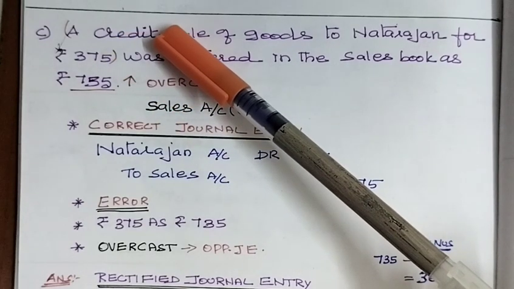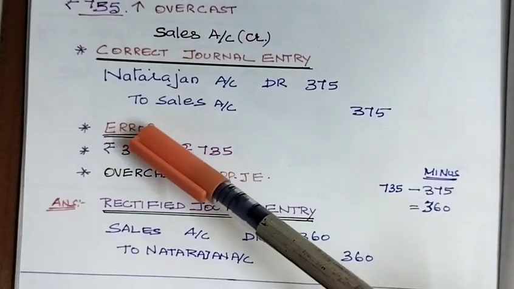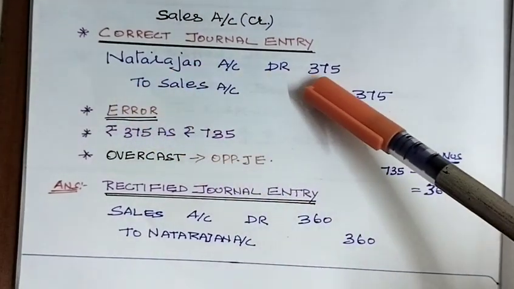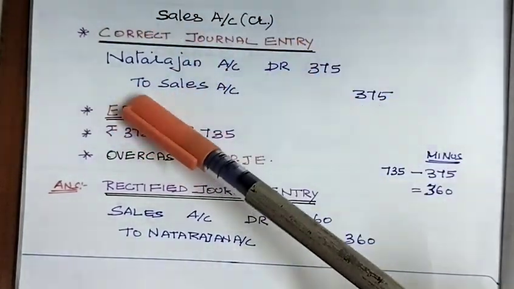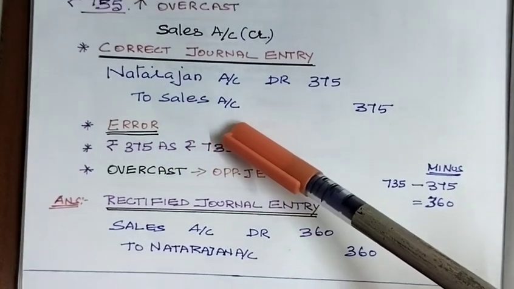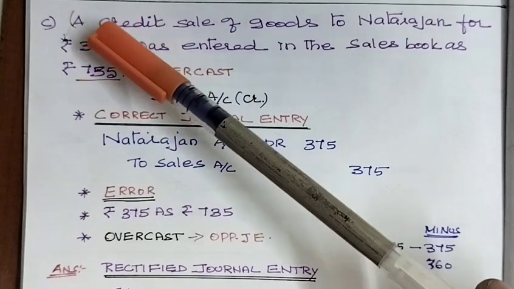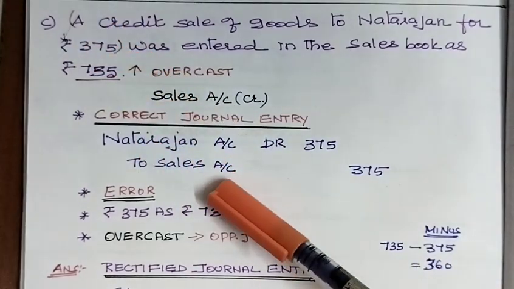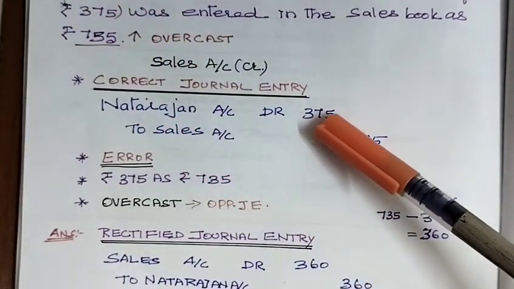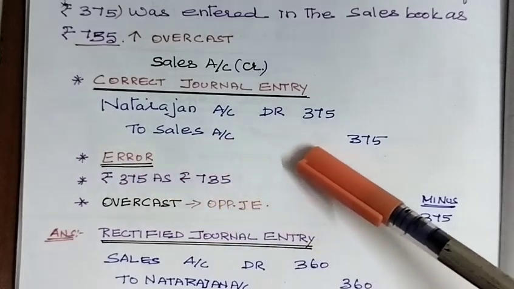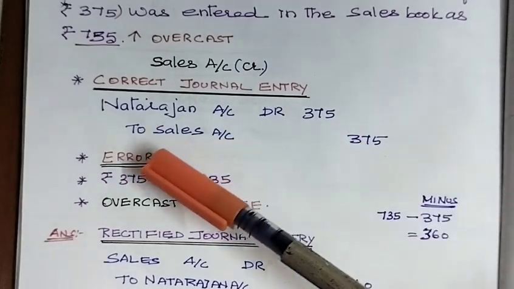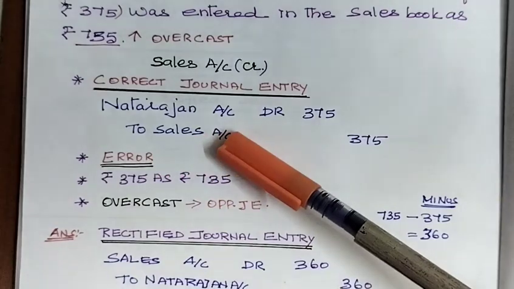So what is the journal entry for credit sales? Natarajan account debit 375 rupees to sales account. This is the correct journal entry for this transaction. Where is the sales account? The sales account is on the credit side.